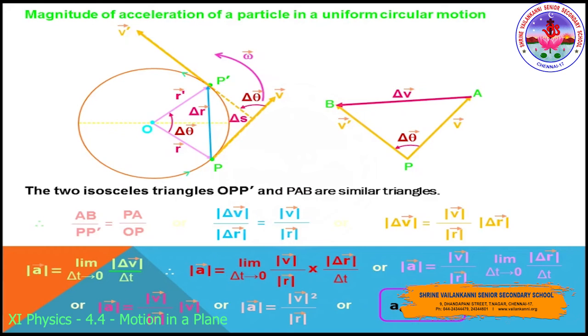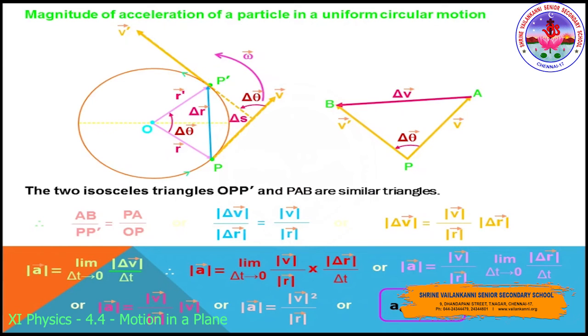So from these similar isosceles triangles we get del v vector by del r vector, which is equal to modulus of v vector by r vector. So this gives the value for the centripetal acceleration, that is a, which is equal to v square by r.